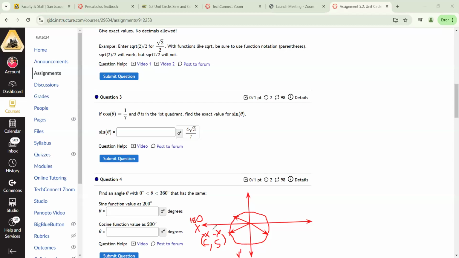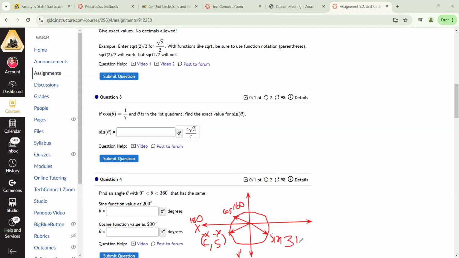So for this one, the x value is cos value. So this will be cos of 20 less than 180, which is 160. So cos angle is going to be 160. And for the y value, it's going to be 20 below the 360. So that's going to be sine of 340 degrees.